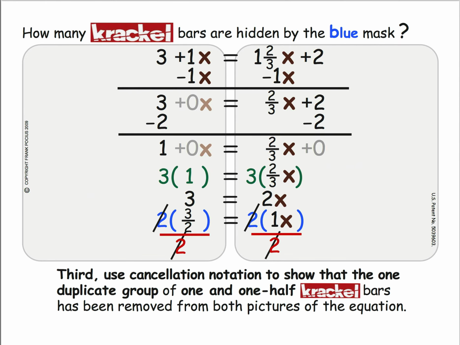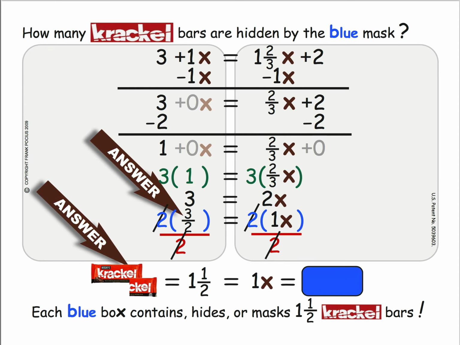Third, use cancellation notation to show that the one duplicate group of 1 1/2 crackle bars has been removed from both pictures of the equation. Each blue box contains, hides, or masks 1 1/2 crackle bars.